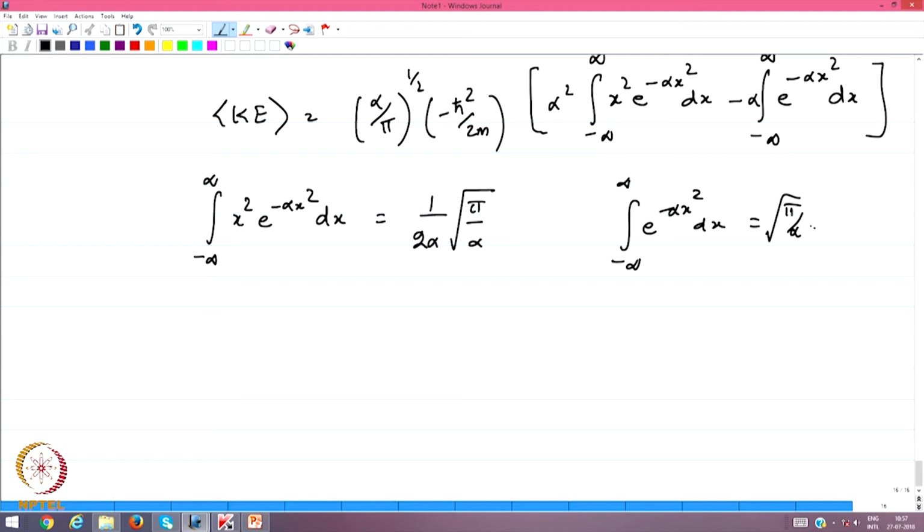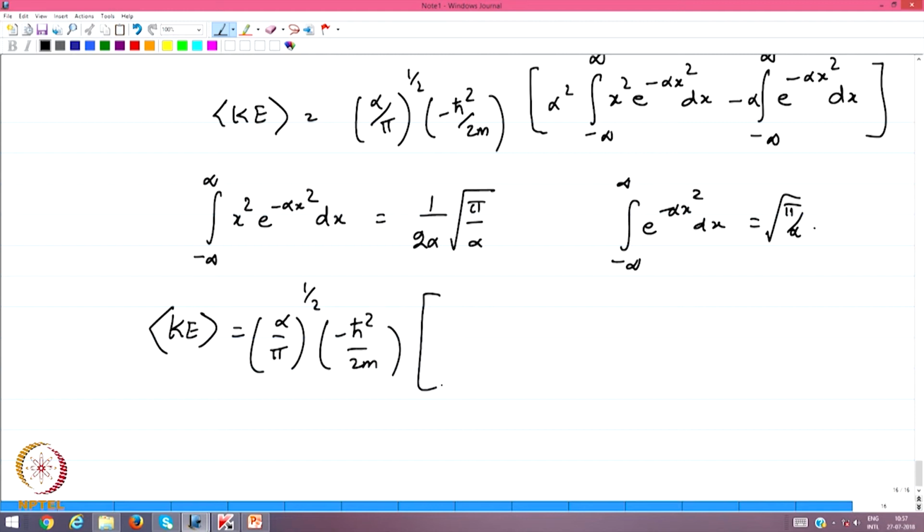Okay. Therefore, the kinetic energy is calculated as follows: alpha by pi to the 1 by 2, minus h bar square by 2m into alpha square divided by this, therefore alpha by 2 root pi over alpha, and the other is minus alpha root pi over alpha.